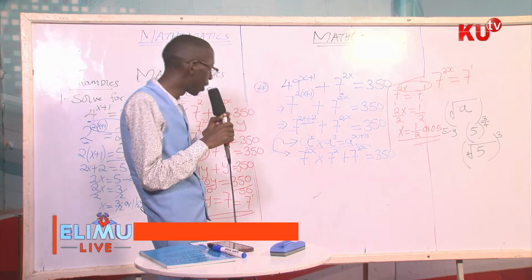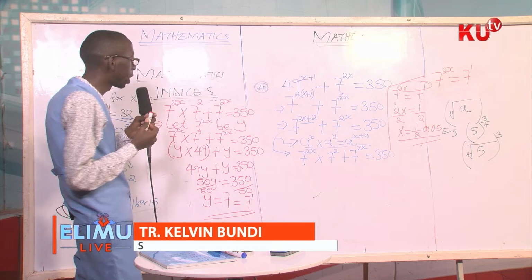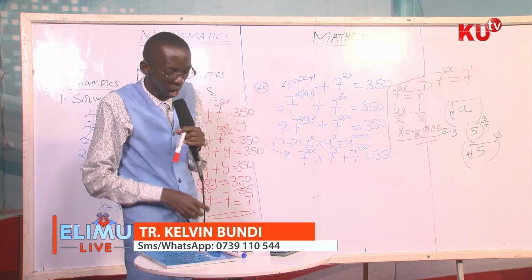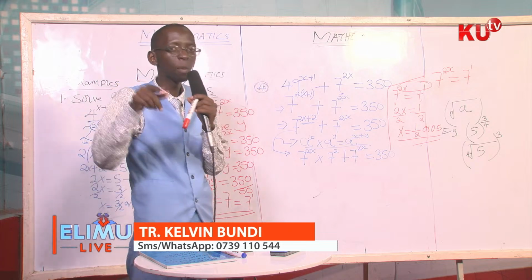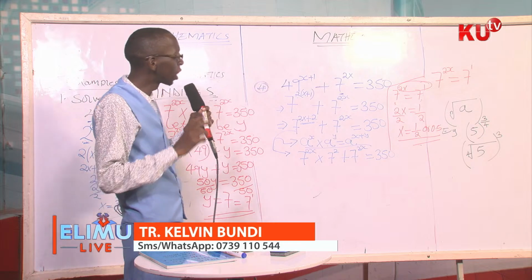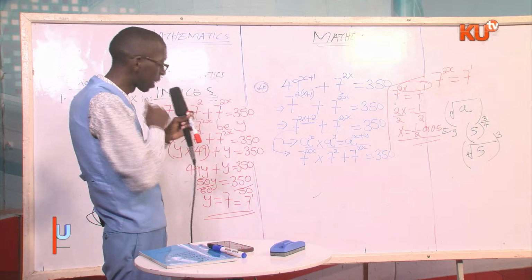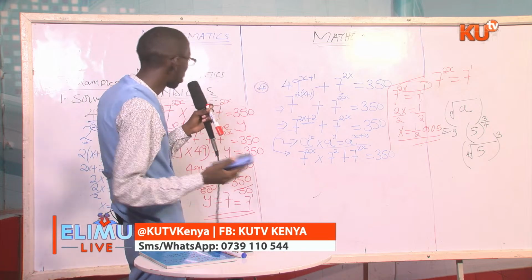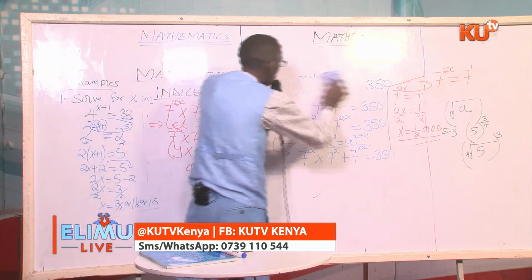Still on indices, I believe you have understood that concept. Still on indices, we are going to have another example. But before I give you the next example, I'll give you questions on the examples that you have done, that you'll try on your own to test yourself whether you have understood.